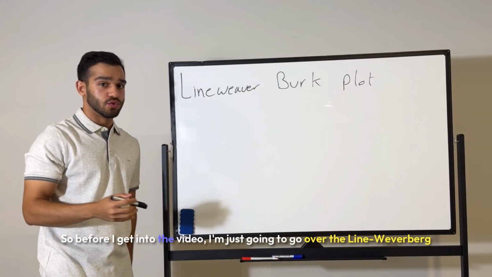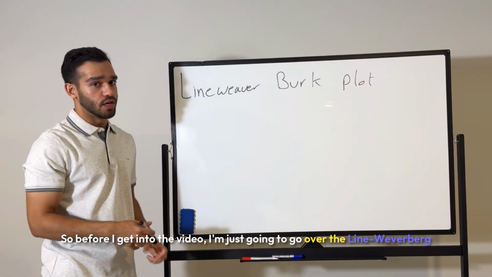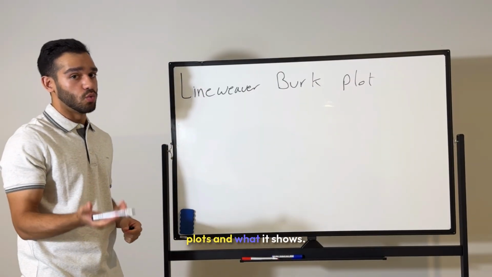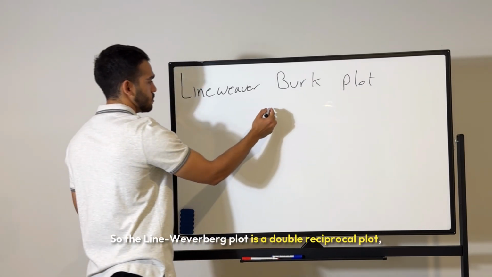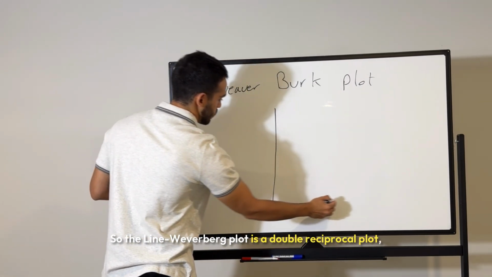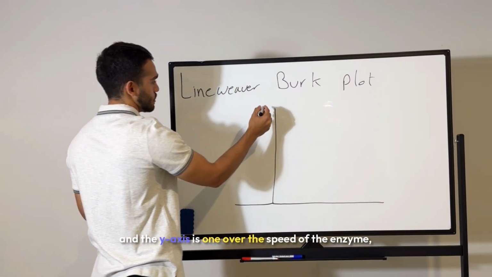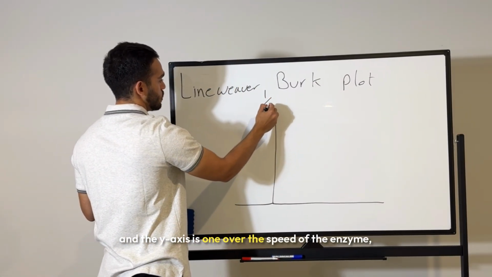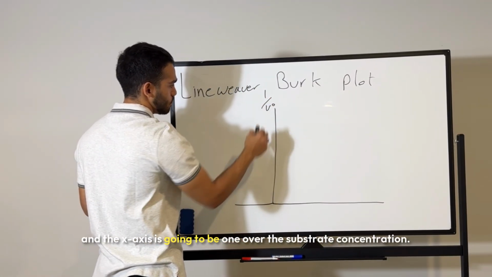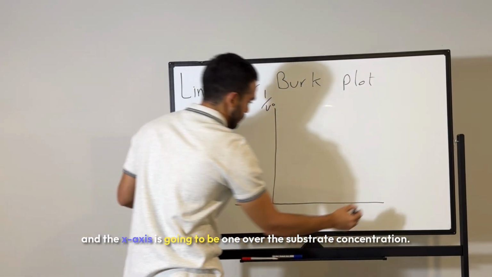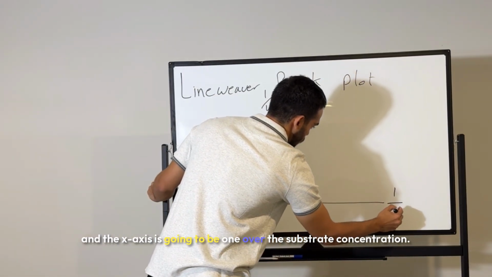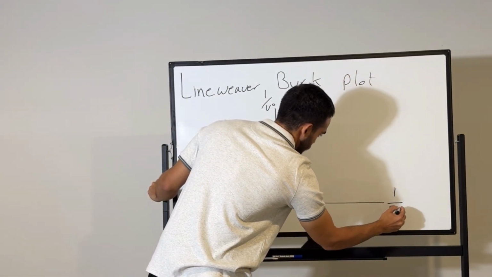So before I get into the video, I'm just going to go over the Lineweaver-Burk plot and what it shows. The Lineweaver-Burk plot is a double reciprocal plot, and the y-axis is 1 over the speed of the enzyme, and the x-axis is going to be 1 over the substrate concentration.